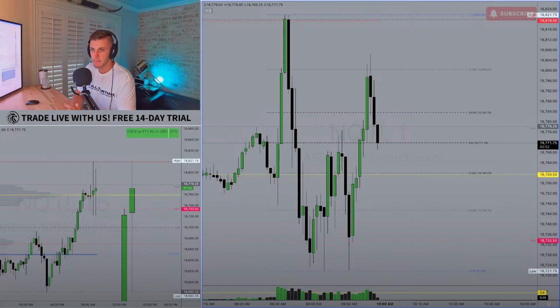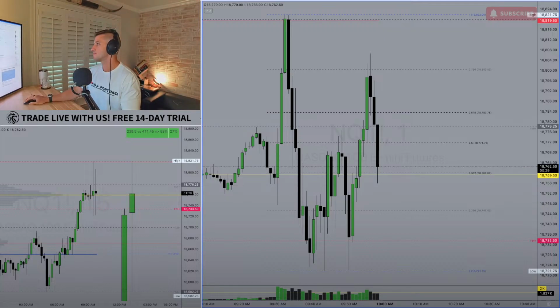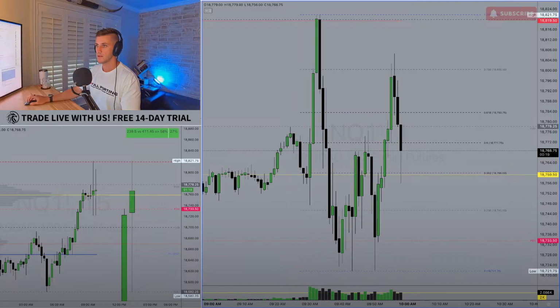Second 15-minute bar looks like another doji, so some big time indecision here. Let's see where we're at into 10. NQ retesting that session volume point of control.